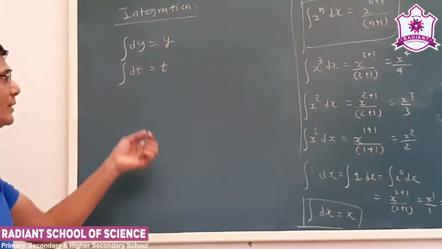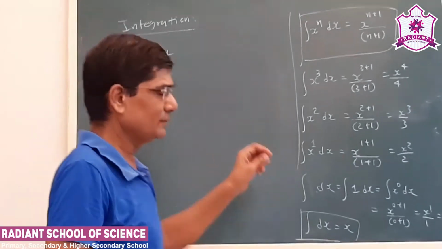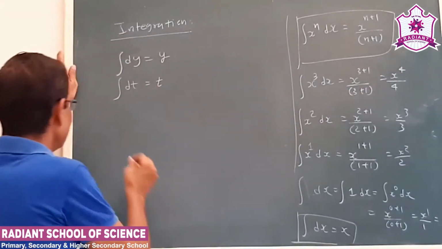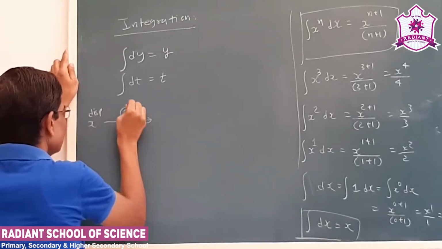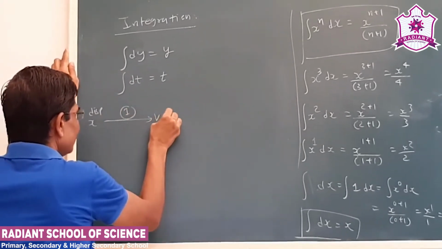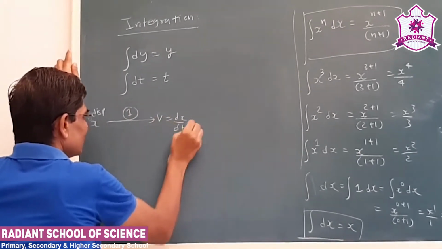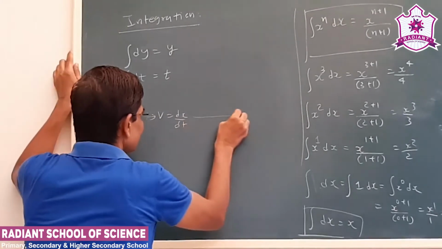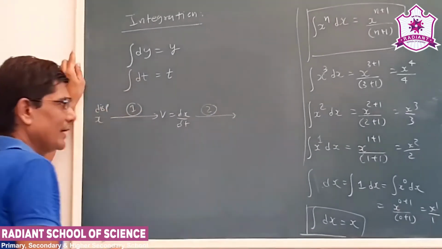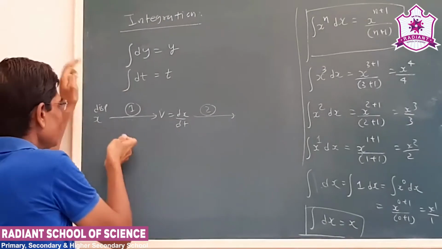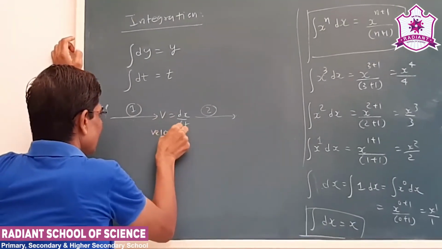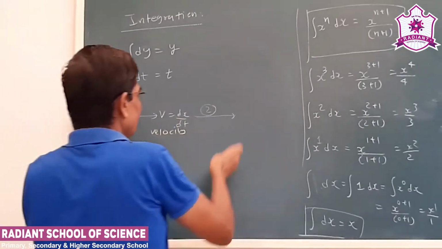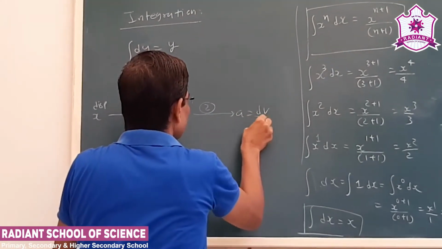Now this is the basic of integration. We have seen earlier that x is the displacement. The first derivative gives the velocity, v is dx by dt. If I take the derivative a second time, a is equal to dv by dt.